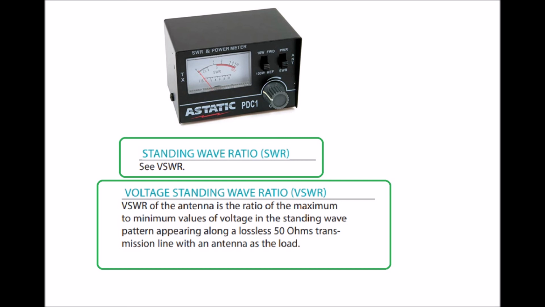VSWR of the antenna is the ratio of the maximum to minimum values of voltage in the standing wave pattern appearing along a lossless 50 ohm transmission line with an antenna as the load.